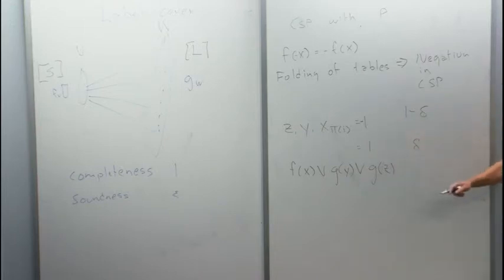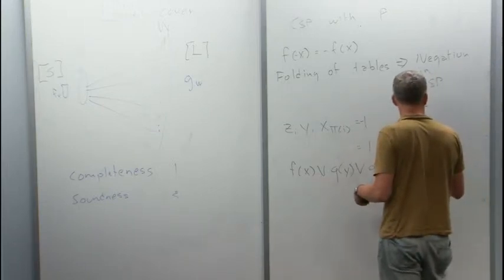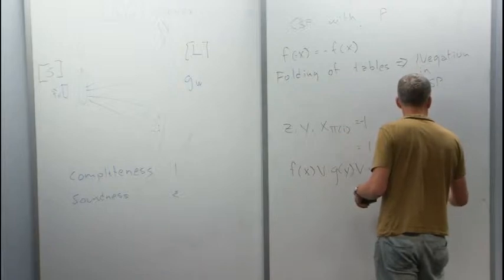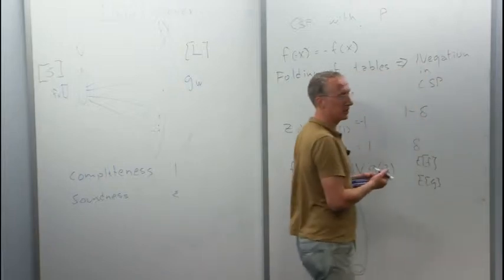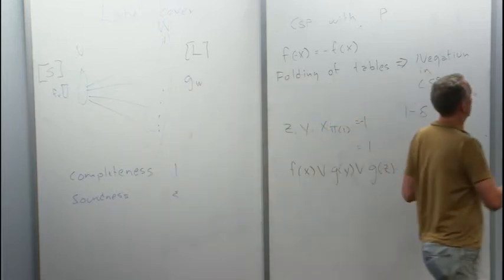And then in fact, we have the property that for any 3 bits, the OR was almost certainly true, and we got the result for parity. And to do this, we in fact proved that the expectation of f was small, the expectations of the g's were small, and the pairwise expectations were small.